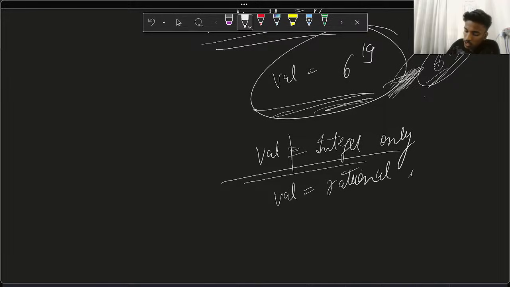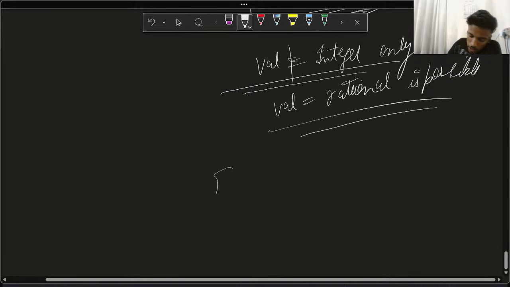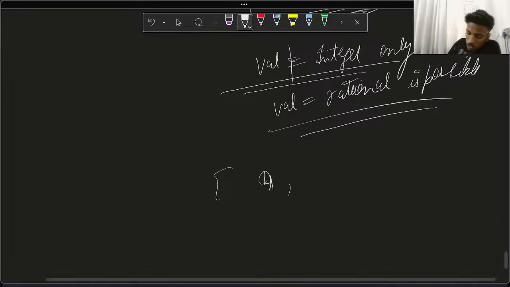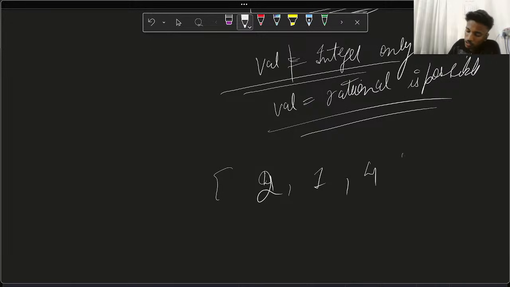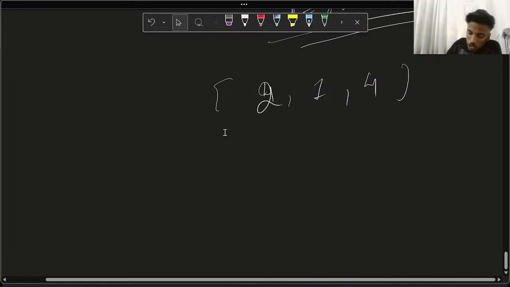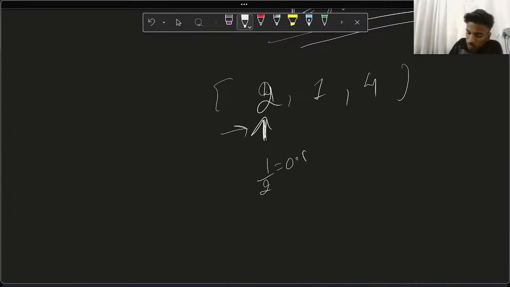How is val being rational possible? It may happen in an intermediate state. Suppose it was 2 and 1 and 4. You came to this state and thought of dividing by 2. So 1 by 2 becomes 0.5.